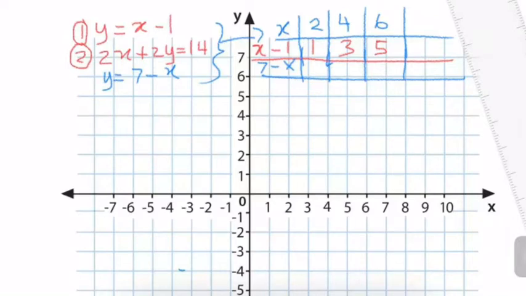2, 1, okay, 2, 1. So here, 2, 1. And then 4, 3 over here, and 6, alamak, dah naik atas 6 jadi berapa? 6, 5.